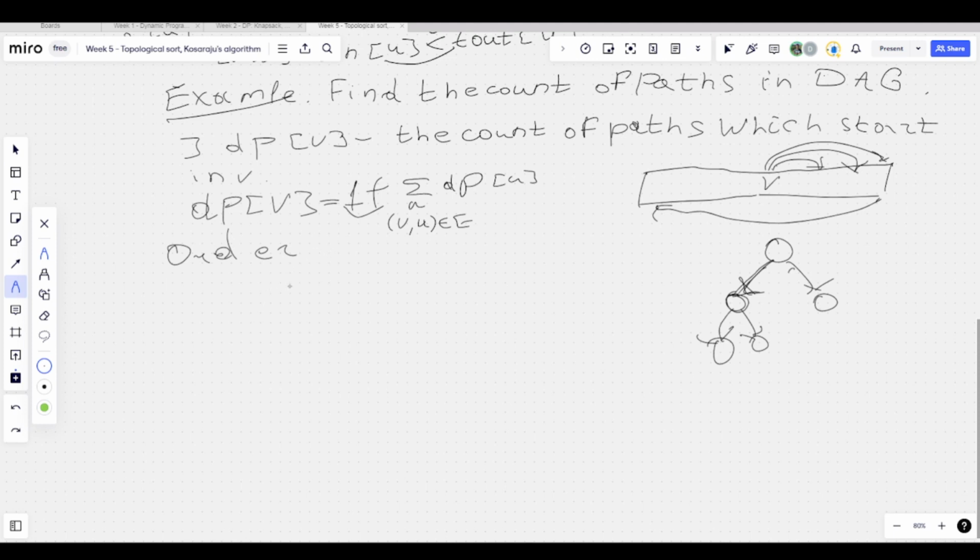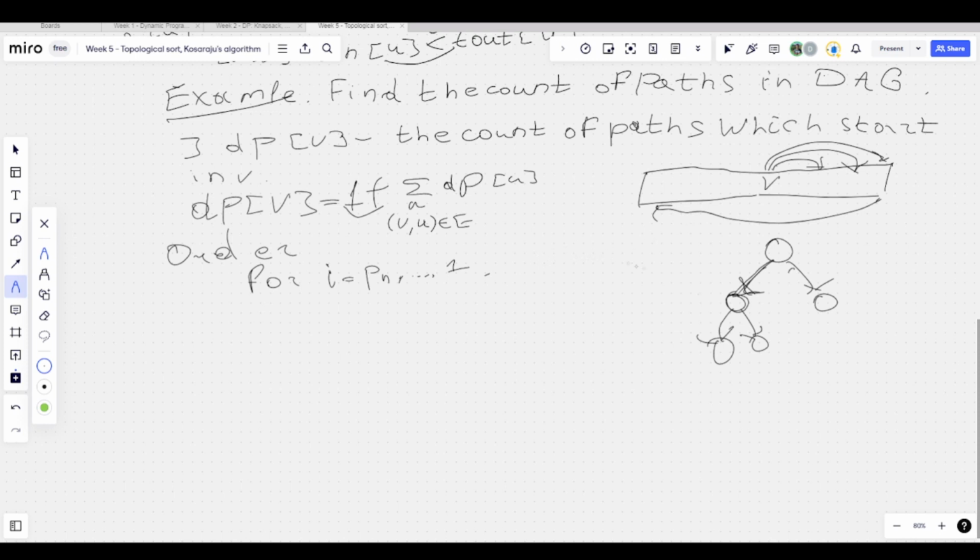If we have topological sort, we just set dp[p_n] to 1. Okay. That's very easy, I think.